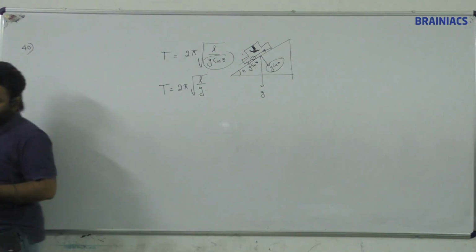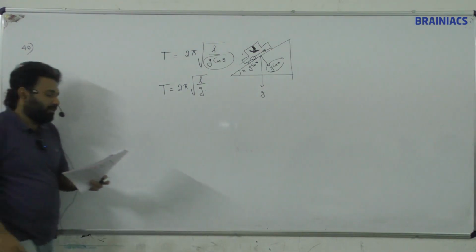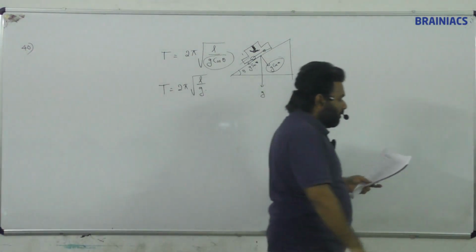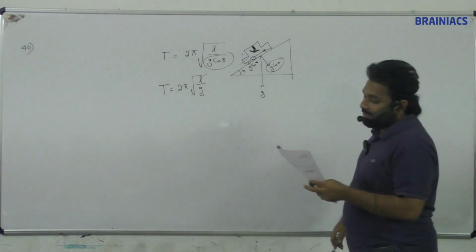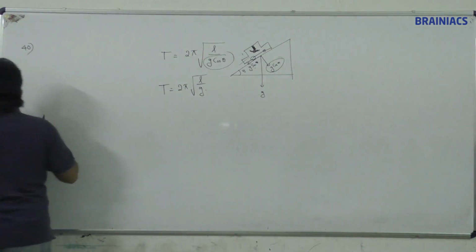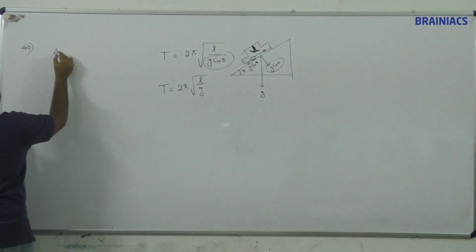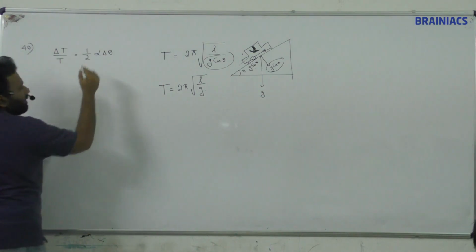Come back to question number 40. If the coefficient of linear expansion of the pendulum is 12 into 10 raised to minus 6, how much will it gain or lose in time? Yesterday we have written a formula: delta T by T is equal to 1 by 2 alpha delta theta.